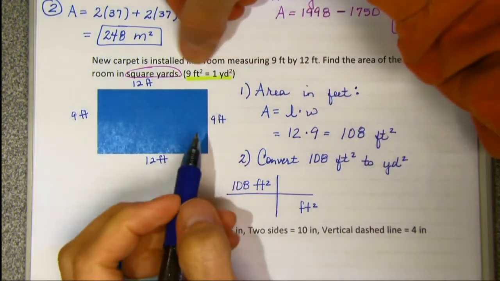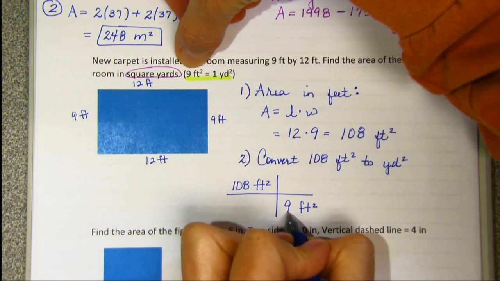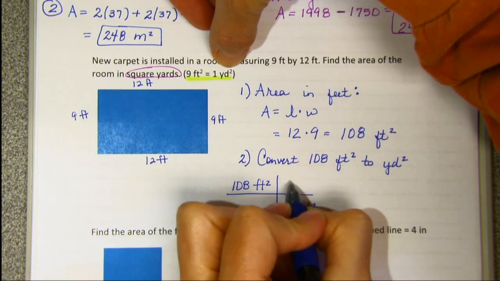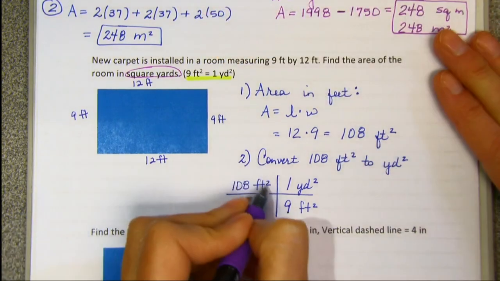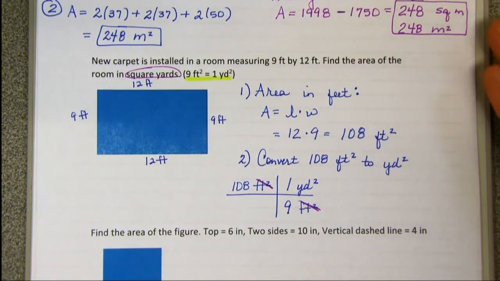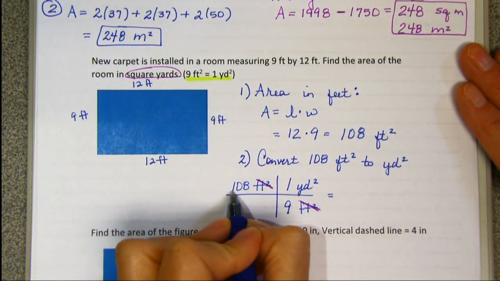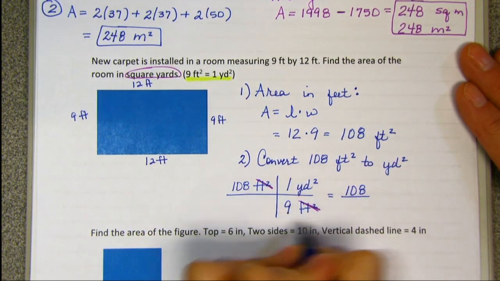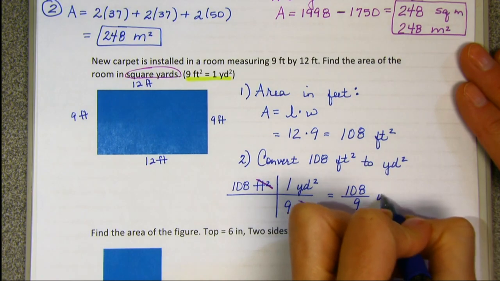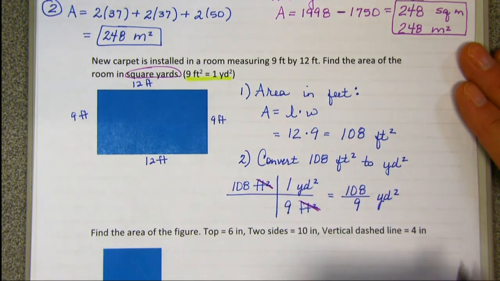So a 9 goes here, and that is equivalent to 1 yard squared. So we cancel out the feet squared. On top we're left with 108 times 1, or 108. On bottom we're left with 9, and this is yards squared.